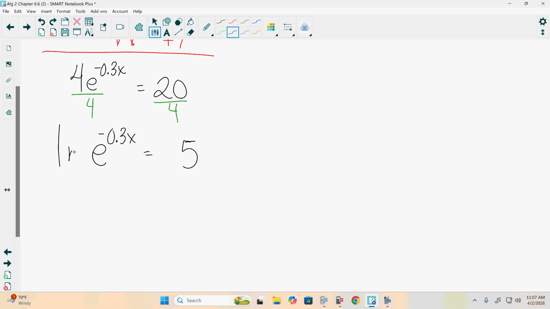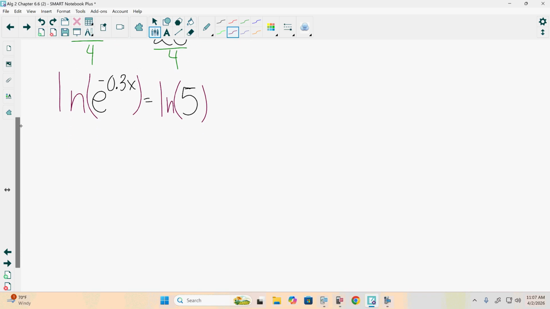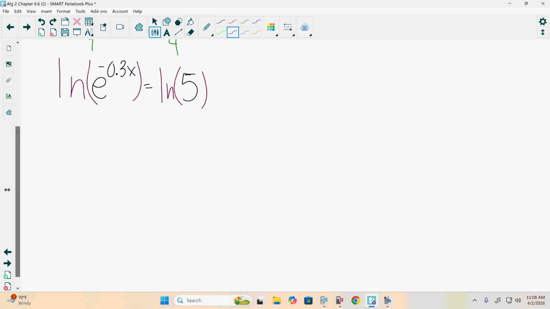Now because the base is e, the logarithm we're going to apply to both sides to get the variable out of that exponent is the natural log. And again, the properties of natural log are the exact same. We can move that exponent to the front.